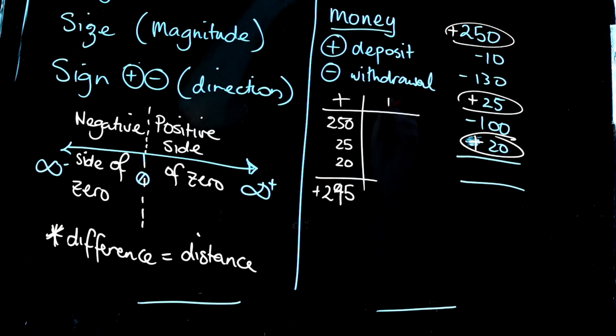And then with our withdrawals, we would put them in a separate column. So we'd have 130 there, subtract another 100 here. And what do we got there? We've got minus 240.